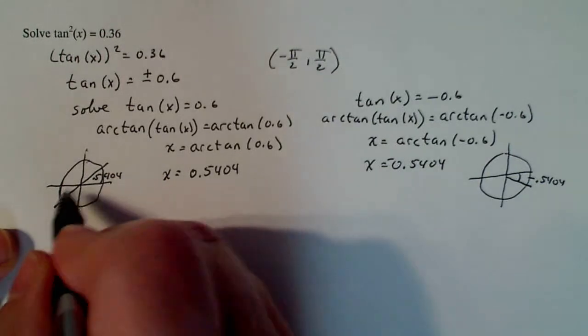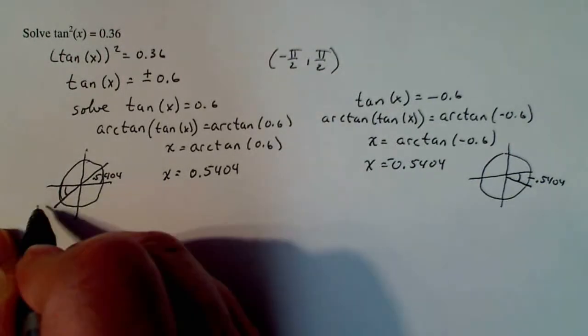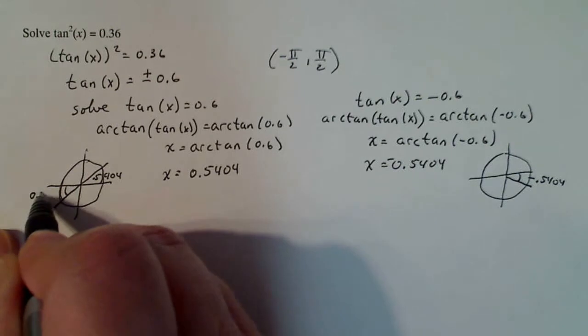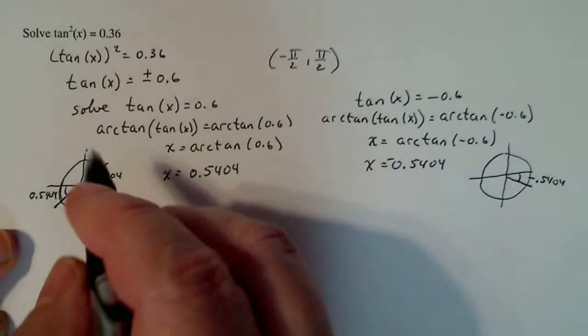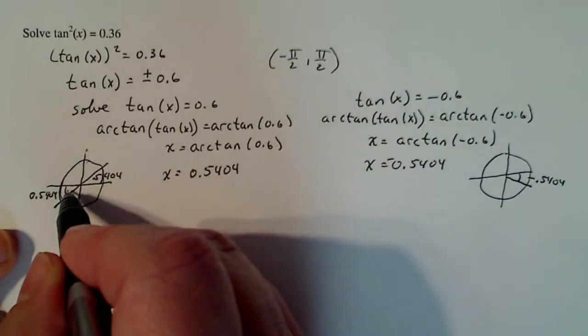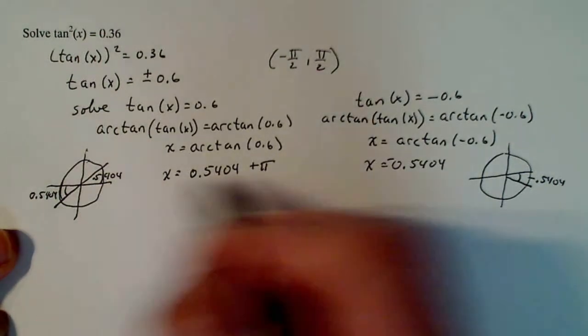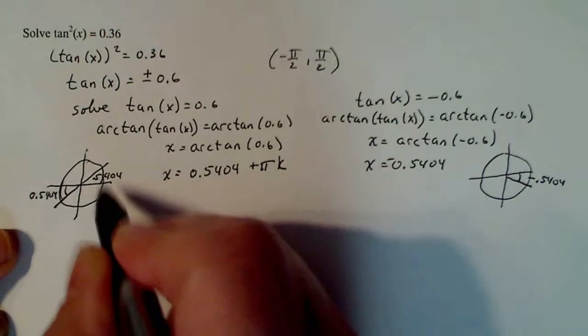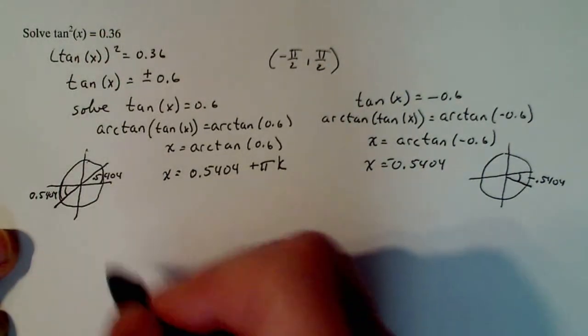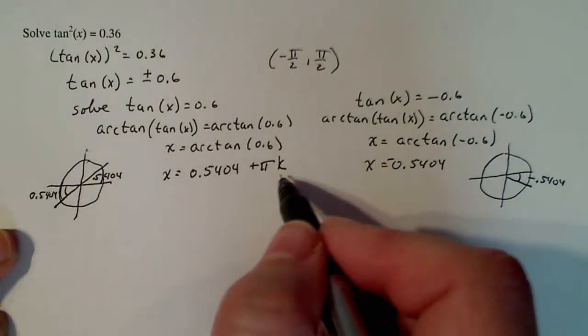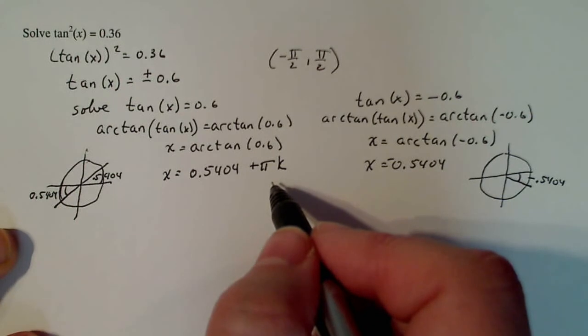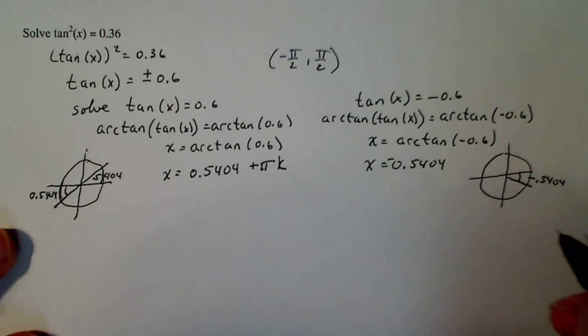So the other angle is going to show up in the third quadrant, where it has a reference angle of 0.5404. But that's just pi units away from this. So if I just add pi, I get to the next one. And if I add pi again, I get to the next one. If I add pi again, I get to the next one. So that's going to be all possible solutions, in every single rotation, that solve my original equation.